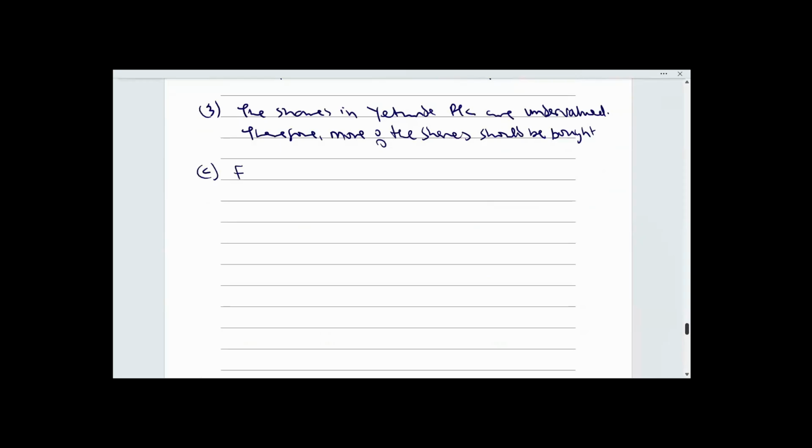You want to invest in a short-term marketable security, for example, treasury bill. What are the factors you need to consider before investing in treasury bill? Let's say, for example, you have ₦1,000,000 and you want to invest that ₦1,000,000 in treasury bill. What are the factors you need to consider?